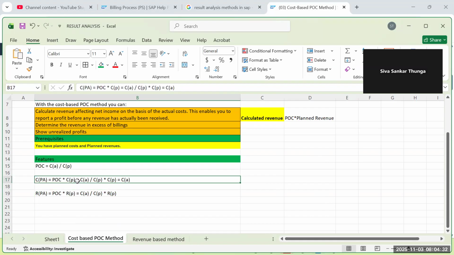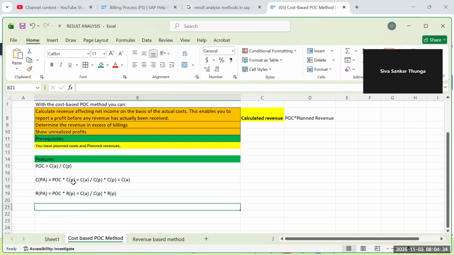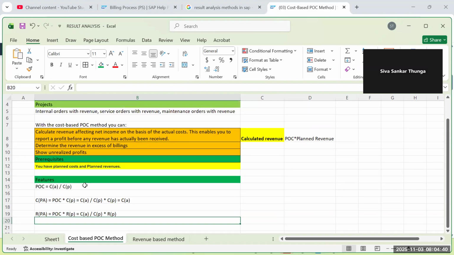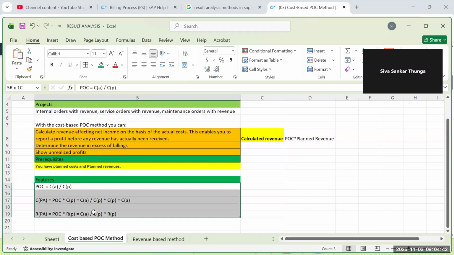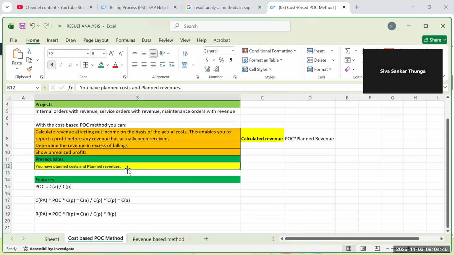If you remember these for calculated cost and calculated revenue, that is all about the RA. Only these formulas will play a key role, along with the parameters we are using, planned cost and planned revenue. Actual cost will come based on the execution of the project, but the prerequisite is that we must have a planned cost and planned revenue on the project.